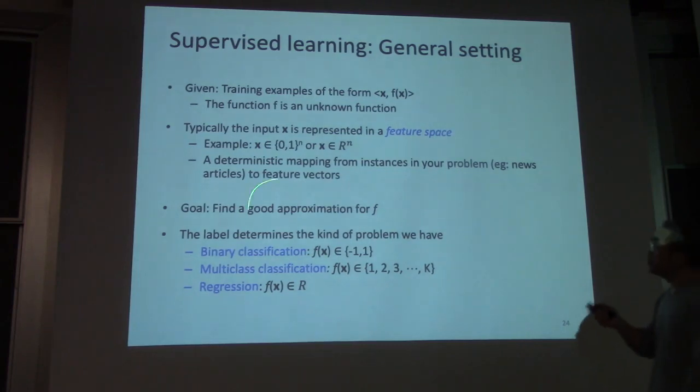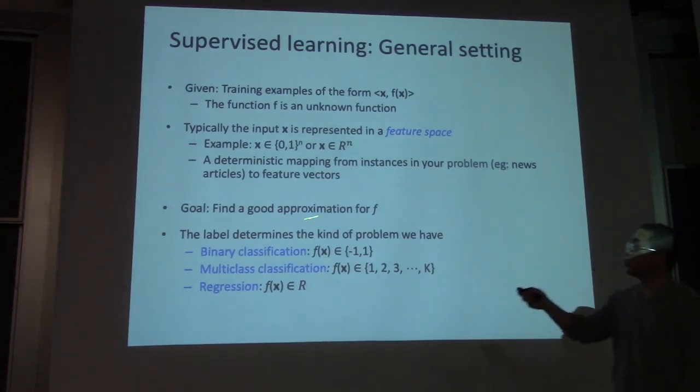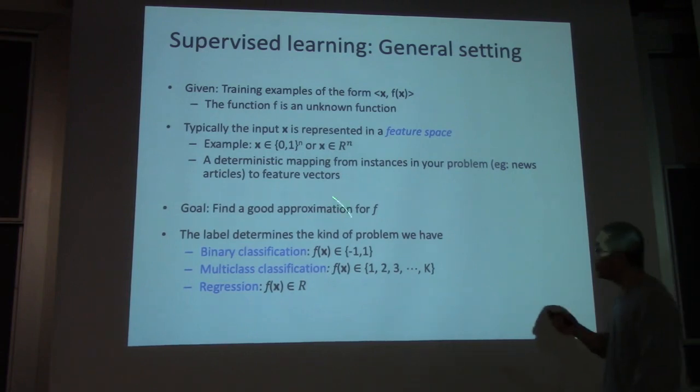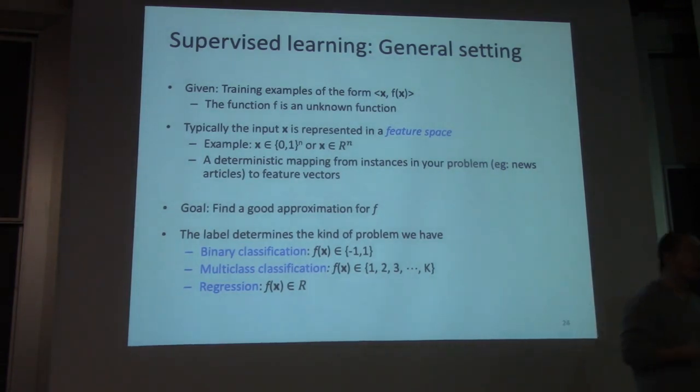And then the goal of supervised learning is to find a good approximation of the underlying target function f. And then here we go. We talk about how the label space determines the types of tasks. So actually, different label spaces define different types of tasks.